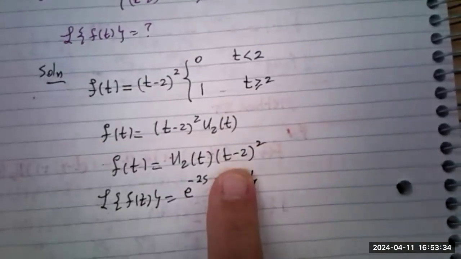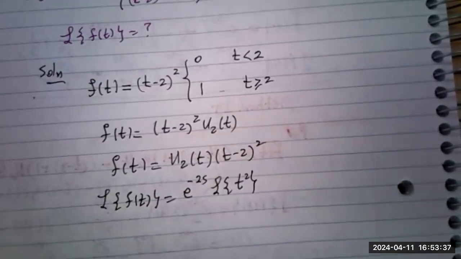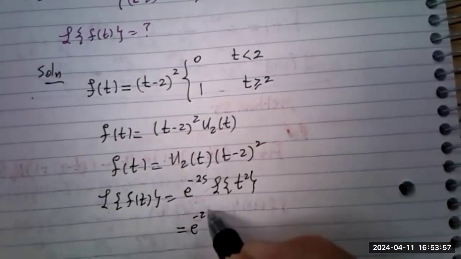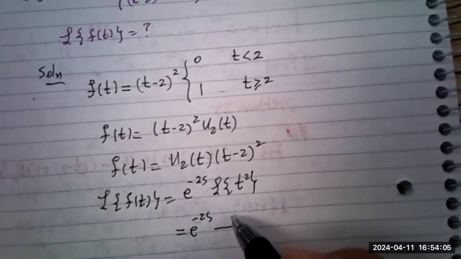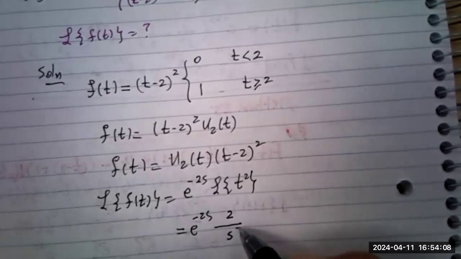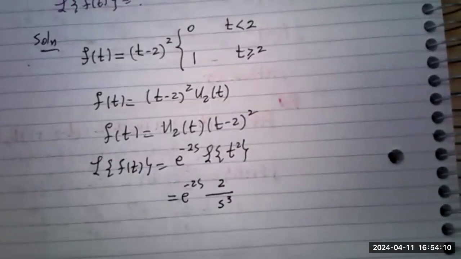Because this is f of t minus 2, your function is just a square function. F of t equals t squared, so f of t minus 2 would be (t minus 2) squared. Any question? What's the Laplace of t squared? 2 factorial, which is 2, over s to the 3, n plus 1, remember?